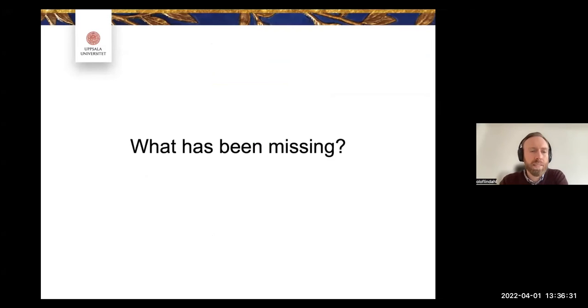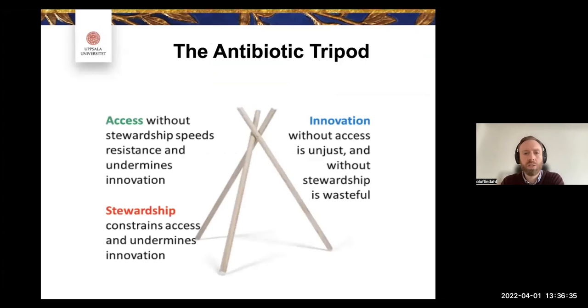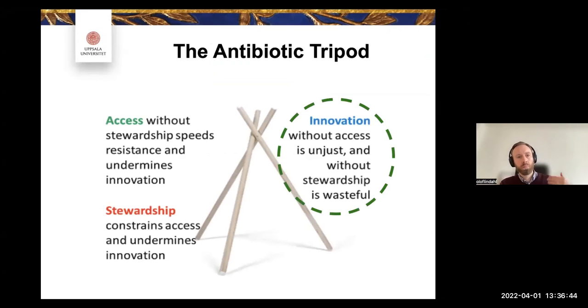But what has been missing here, and now I'm being a bit self-critical, and I'm not trying to say that we haven't done anything on this at all, but generally speaking, there's been a lot of focus on innovation, especially from us business economics people, trying to get the firms to move forward with their development of new drugs, which of course is terribly needed, and we're not in any way done with that.